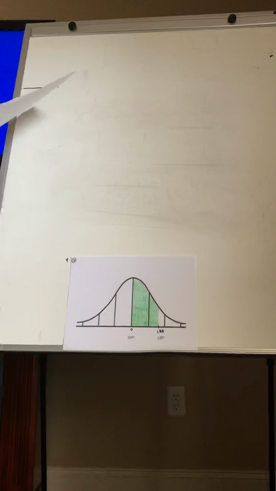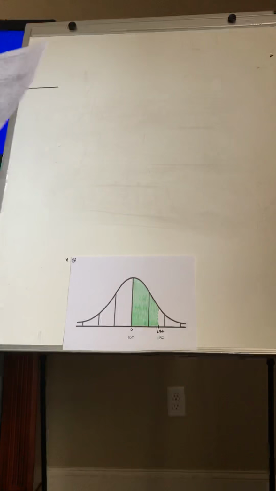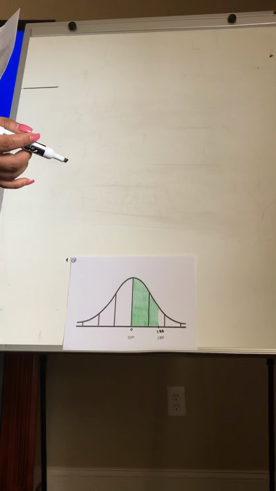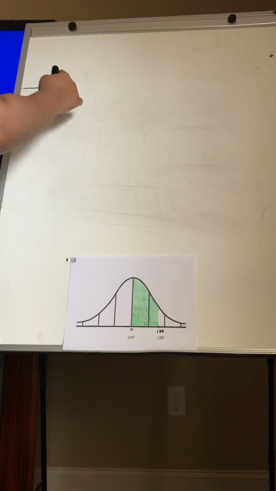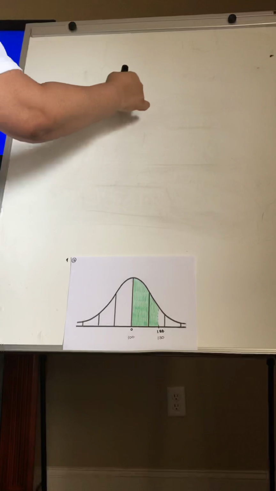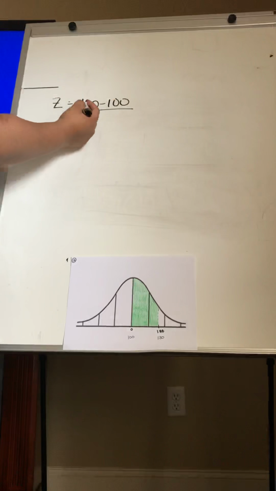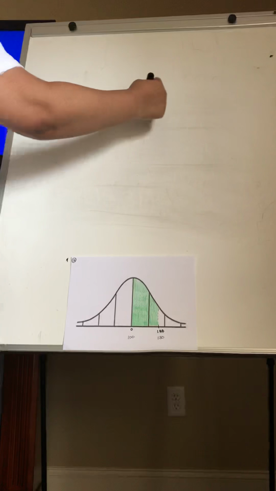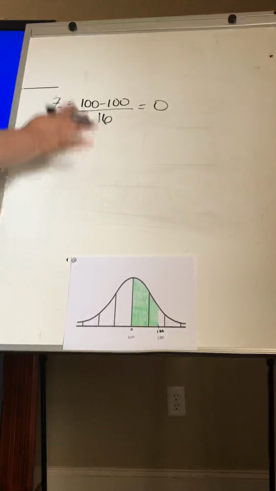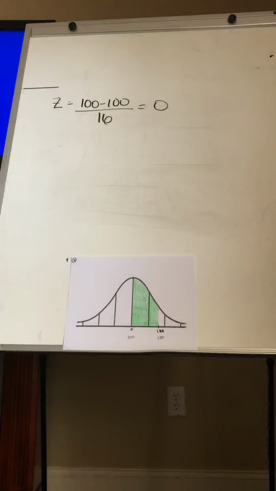That's your mean. 100 is your mean. So I'm asking you to go from the mean to a whole other z-score. So I really don't need to convert 100. Because if you convert 100, you're going to have the mean and the z that you're converting the same number. If you convert it, you're going to get 0 because 100 minus 100 is 0.